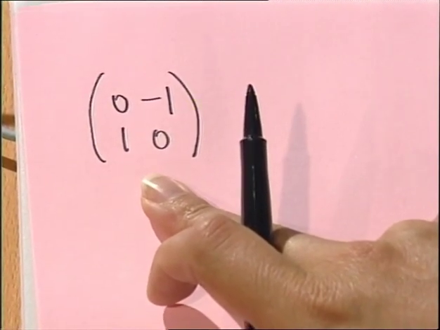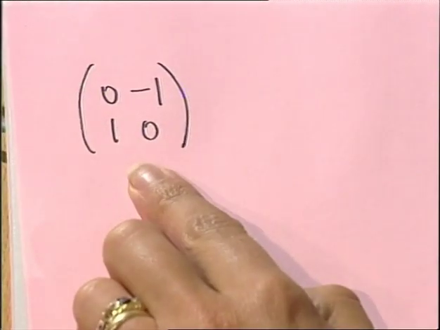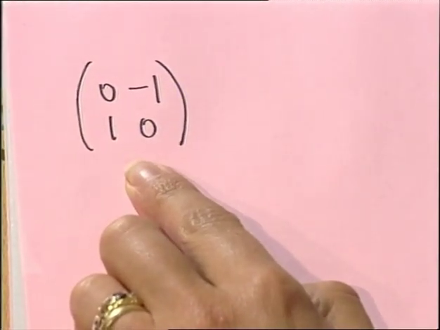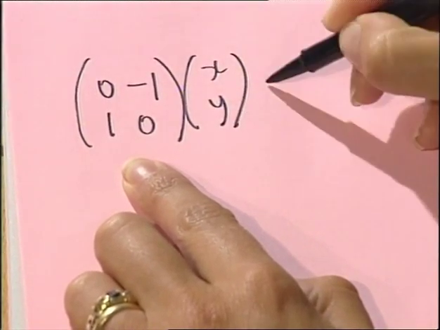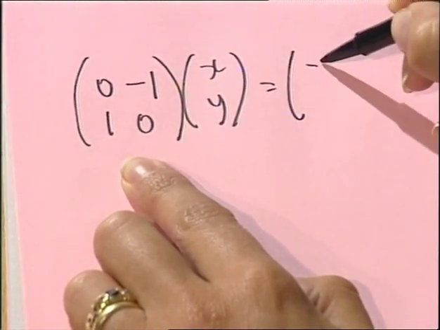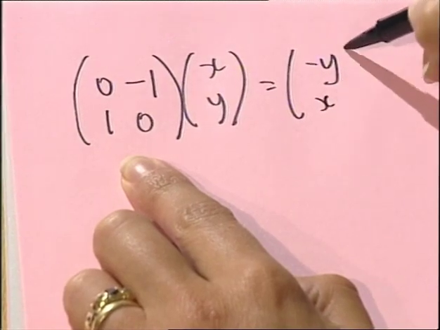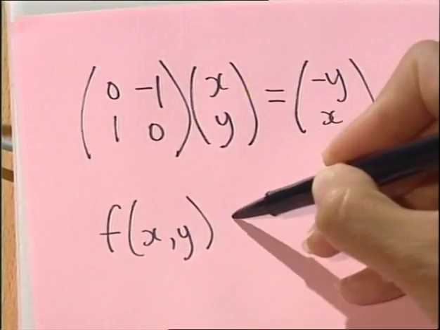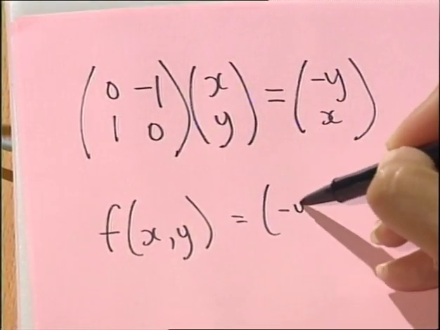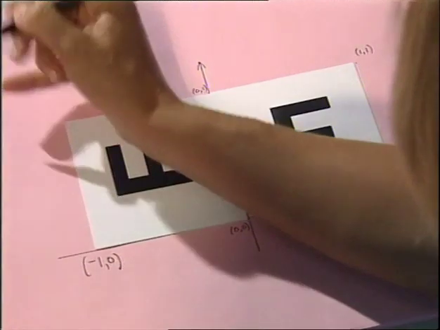And that is the matrix that determines this linear transformation, a rotation through π/2 about the origin. So if you want to know the rule in terms of x and y, you multiply this matrix, (0, -1; 1, 0), times (x, y), which comes to (-y, x). And so the rule is f(x, y) equals (-y, x).